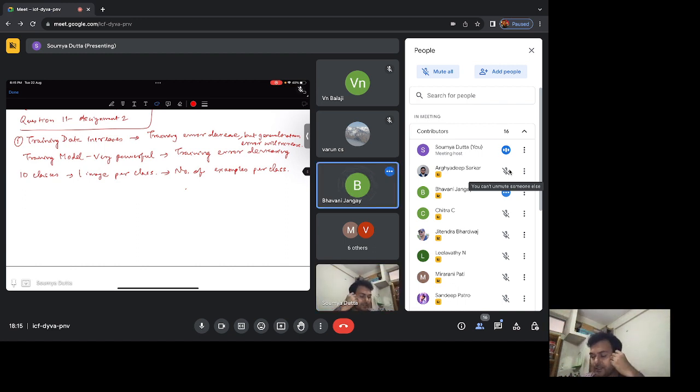For example, why did you need to add regularization? You needed to add regularization because your model learned your training data so well that it did not generalize well, correct?